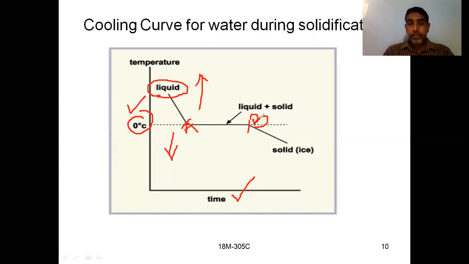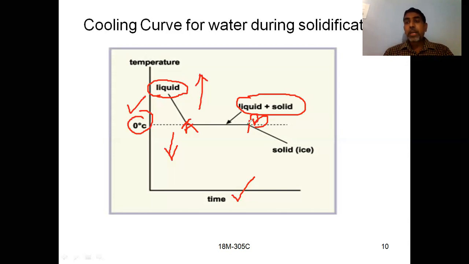From A to B, it exists in both liquid and solid, some portion in the liquid state and some portion in the solid state. Initially, the liquid will be more, and when you come near to B, the solid portion will be more and the liquid less.